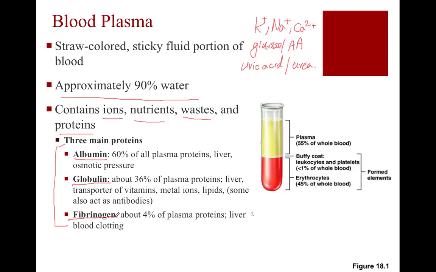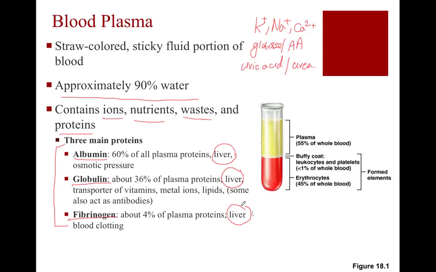Now, the key point that you do need to remember for the proteins of your plasma is that all of them are produced by your liver. So your blood technically doesn't produce any plasma proteins. All it does is receive those from your liver, and they get transported into your blood.